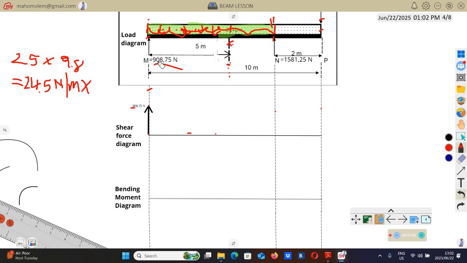The length will be 8. So the total load for that green part will be 1960 Newton.